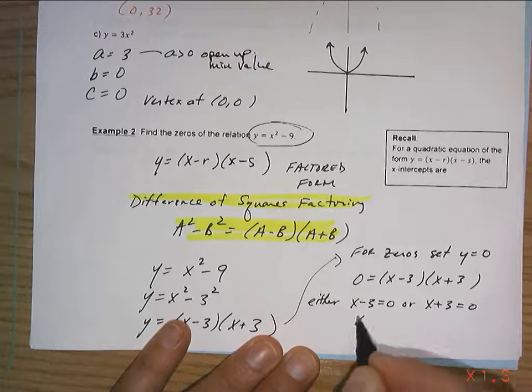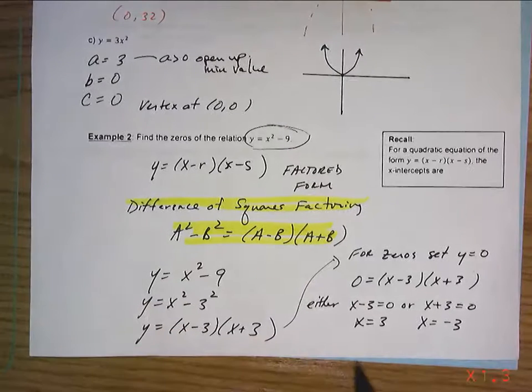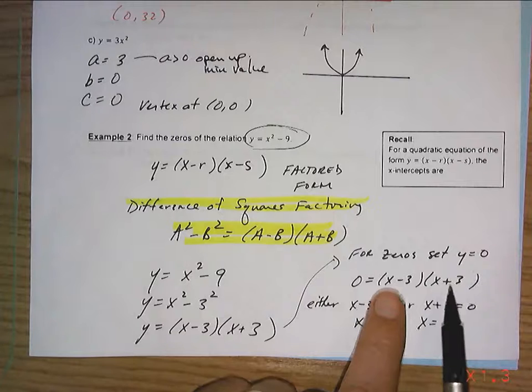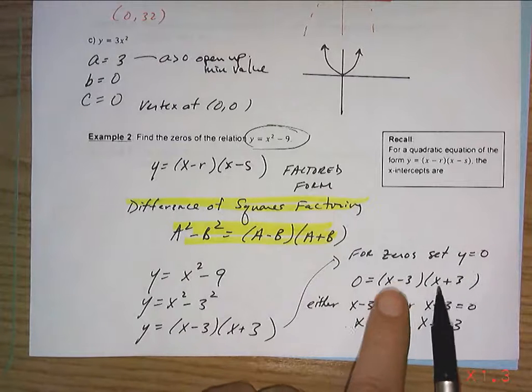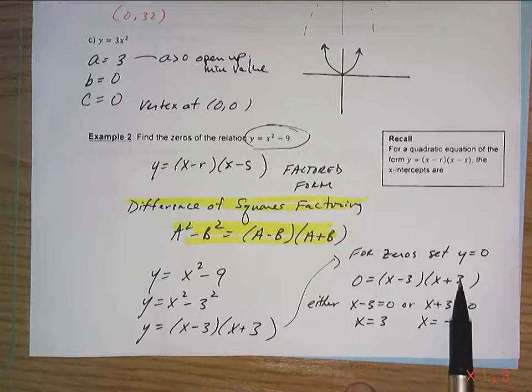In which case, isolating for x, x equals 3 and x equals negative 3. Or we can know that when it's in factored form, the zeros can be read from here. So it's going to be positive 3 and negative 3.